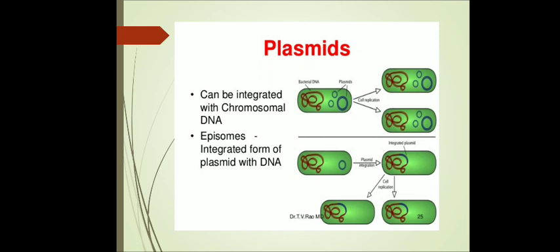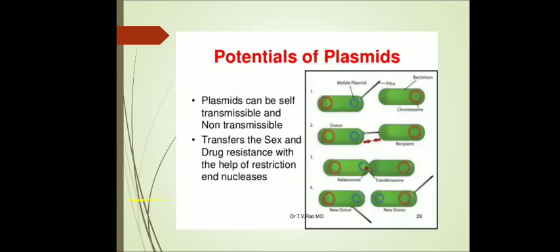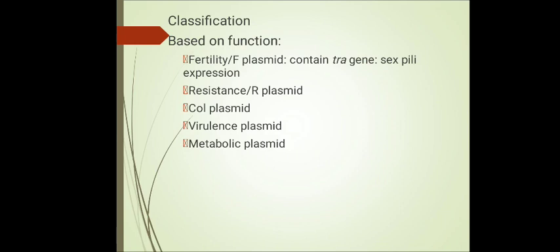These plasmids can be integrated or introduced into different types of chromosomal DNA, which plays an important role in genetic engineering. Plasmids are classified into different types depending on their functions, which includes the F plasmid.